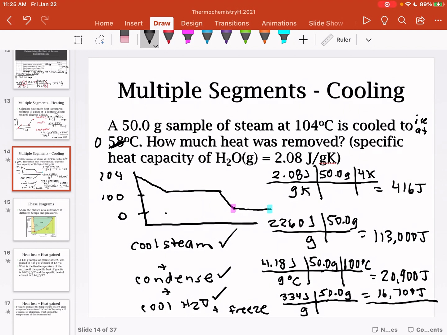And I add together my 4 segments. These 4 segments add up to roughly 151,000 joules, or as we said, that's a big number, so 151 kilojoules will suffice very nicely.